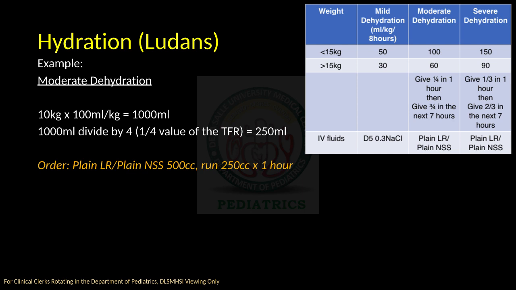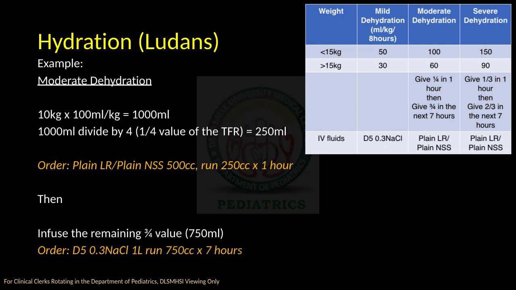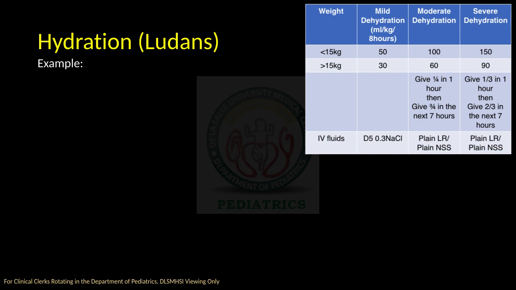Then run 250 cc for the first hour. Then infuse the remaining 3/4 value, which is 750 ml, for the next 7 hours. So order in the chart D5.3 NaCl 1 liter and run 750 cc for 7 hours.